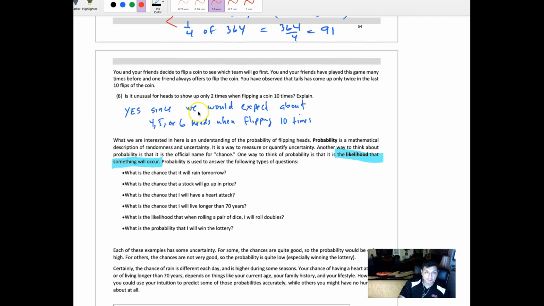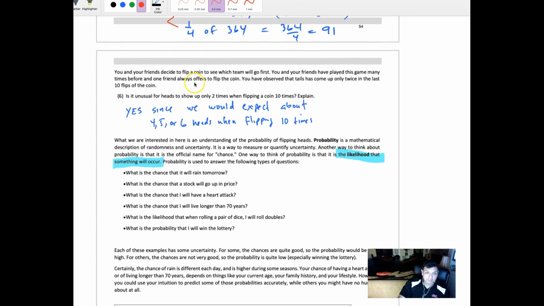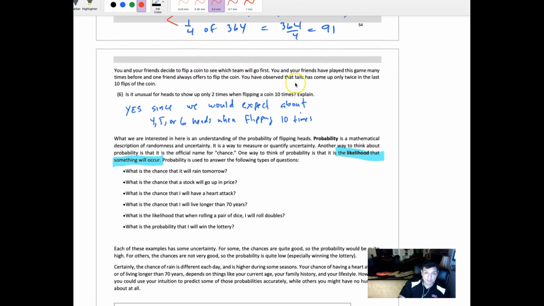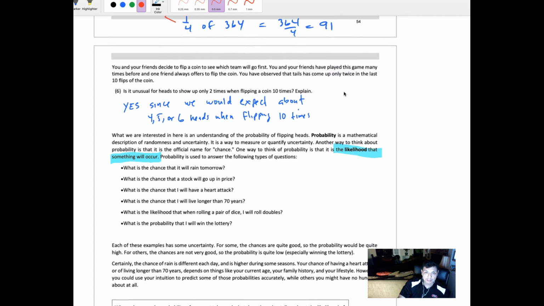Let's take a look at one more that gets into this idea of probability. So think about this. If you and your friends decide to flip a coin to see which team will go first, and you have played this game many times before, you observe that tails has come up only twice in the last 10 flips. I would say that would be unusual, because if you flip a coin 10 times, you would expect 4 or 5 or 6 of those to be heads.